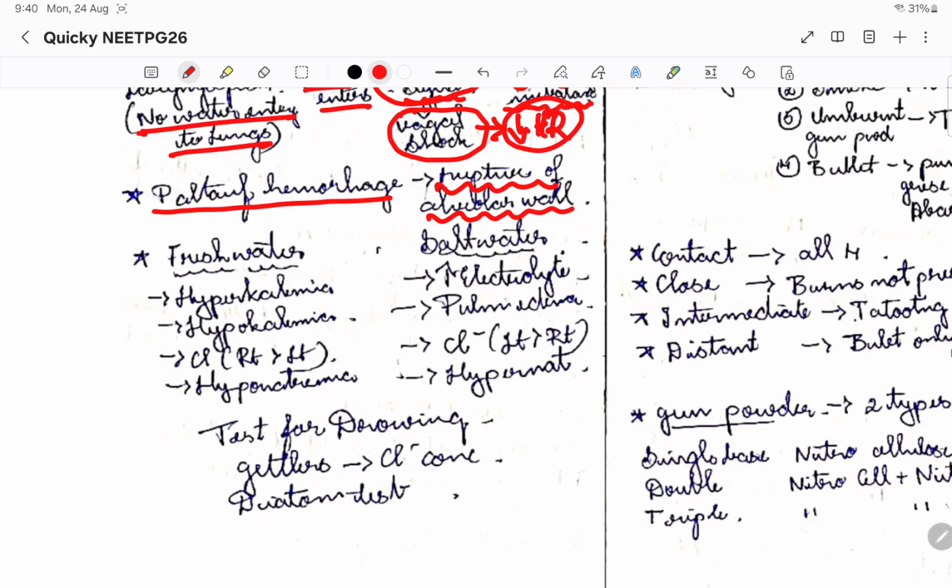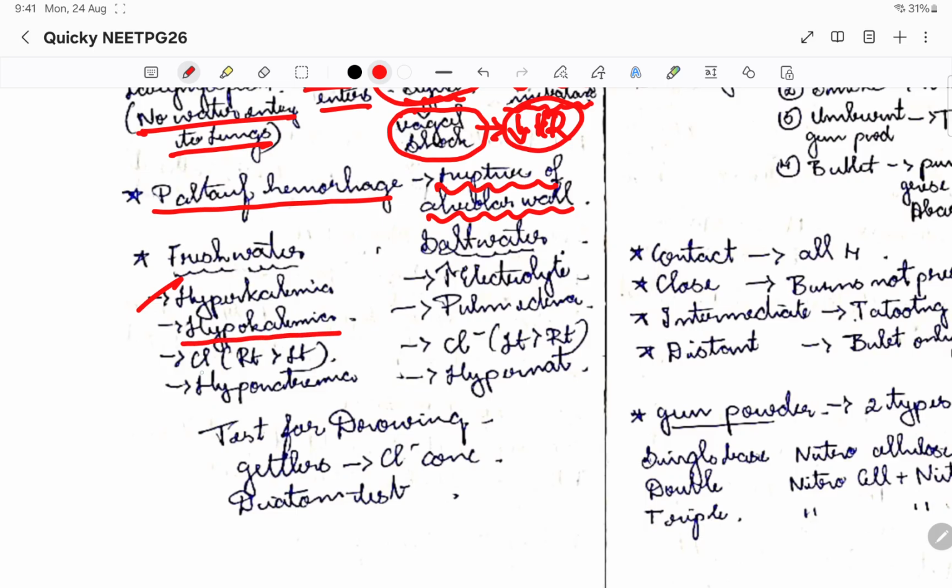In freshwater drowning, it is going to be hyperkalemia, because freshwater has lower electrolytes compared to salt water, right? Here hyperkalemia will be there, and hypokalemia can also be there.